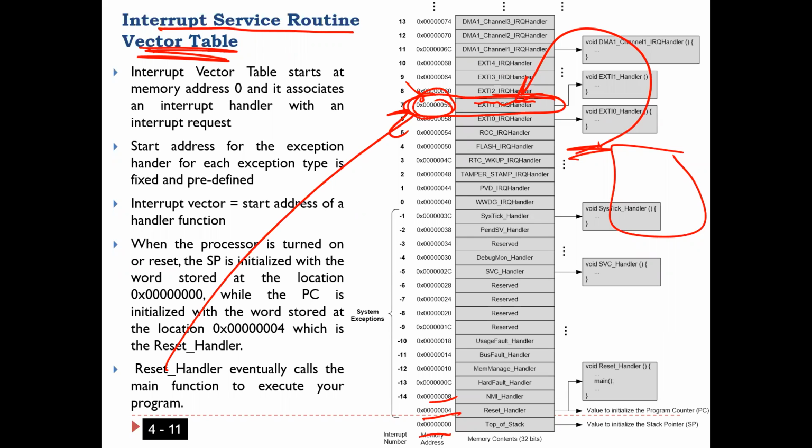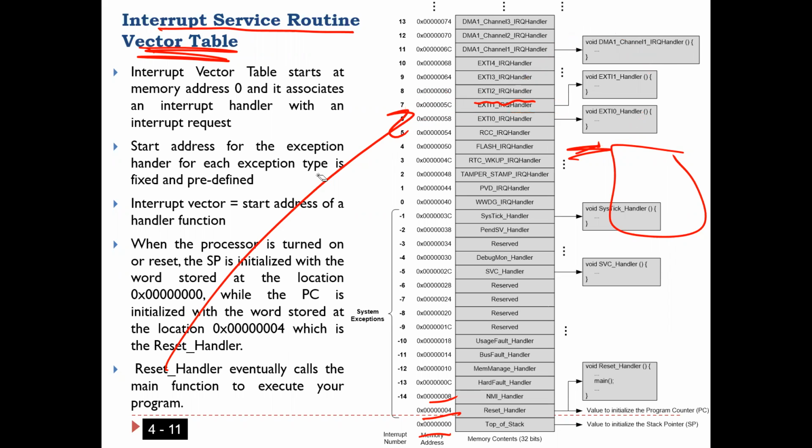However, you have to store the beginning address here, so that you tell the hardware where your subroutine is. So for every interrupt source we have a fixed location. However, the location of the subroutine itself can be anywhere, just put the beginning address here.